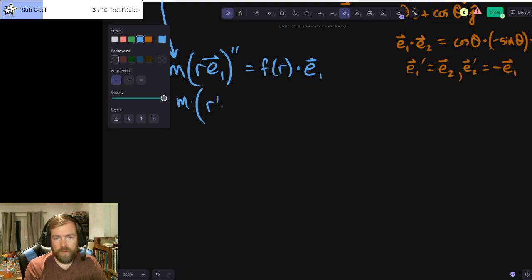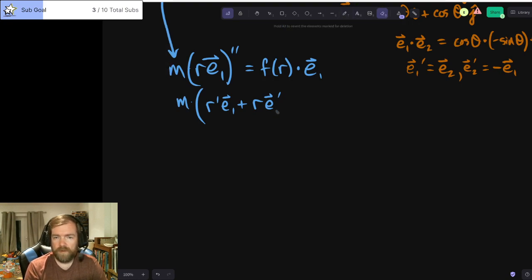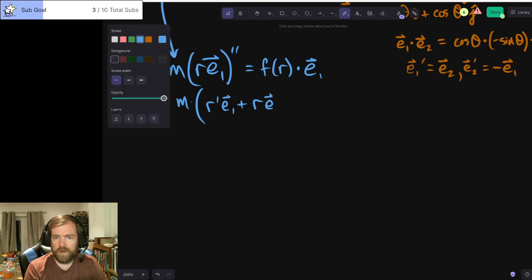So r prime E1 plus r E1 prime, which is just going to be E2, and then that's also going to be primed from there. M times, if we take the derivative again, these are product rules again.